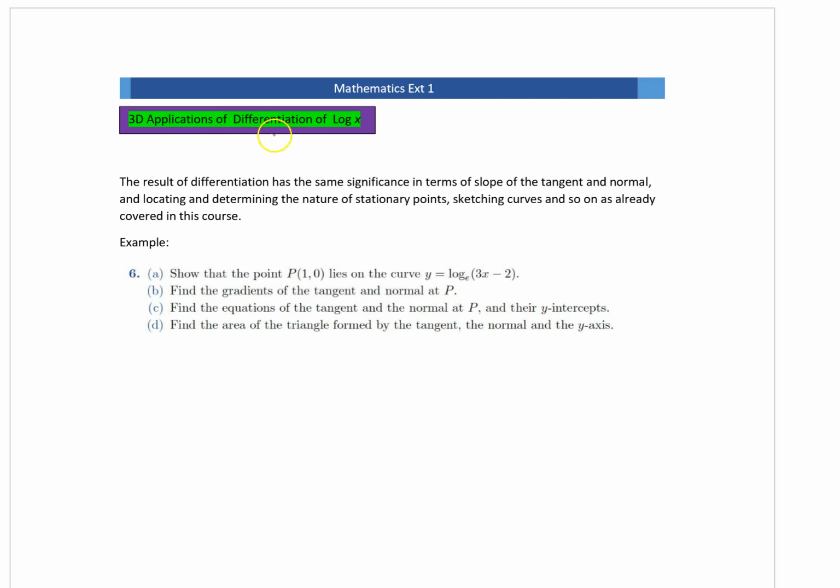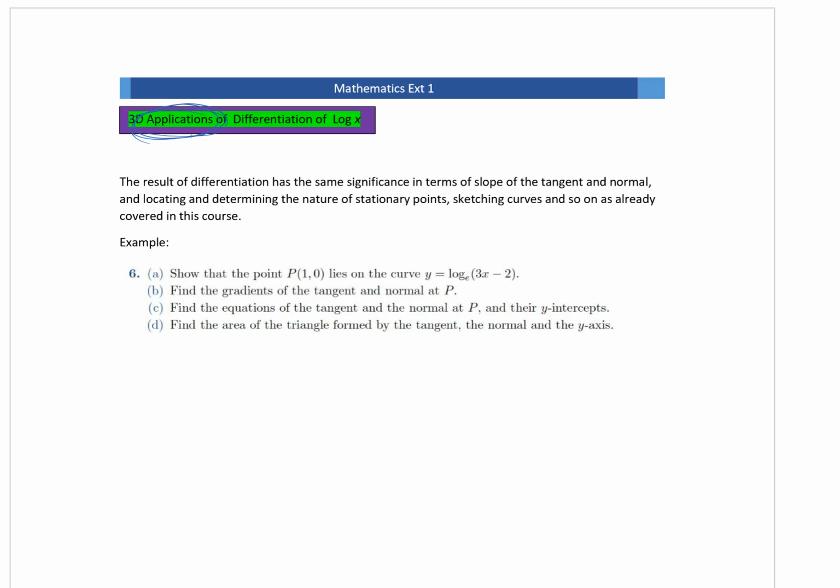And now we're looking at applications when the function has a log in it. These applications will all basically be the same. They're all talking about the gradient of the function, or turning points, or equations of tangents and equations of normals. All these applications are similar. It's just that the function that you're dealing with is different.